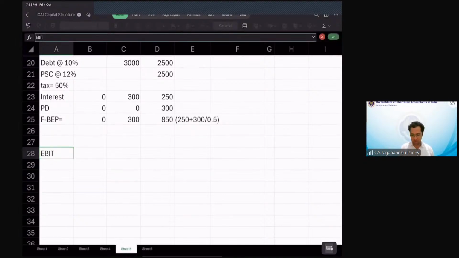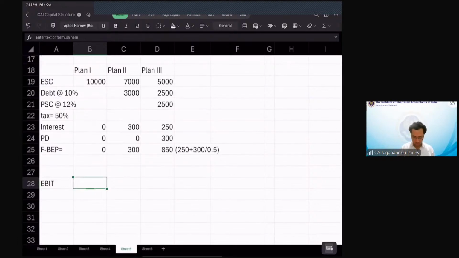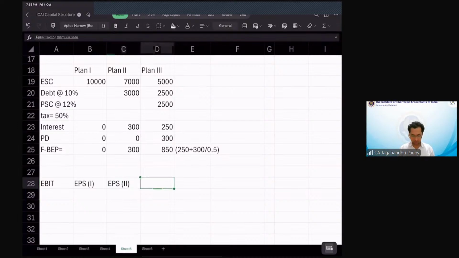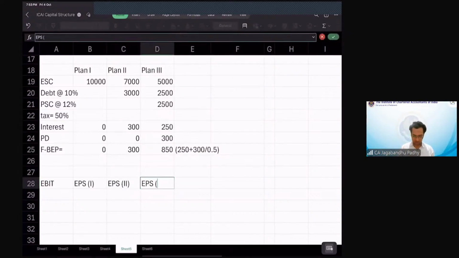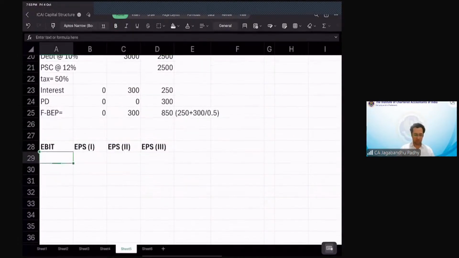So we'll take a range of EBIT and we'll see what is the EPS in case of the first plan, then the second plan, and then the third plan. Okay, and then I'll show you how this is really going to work.